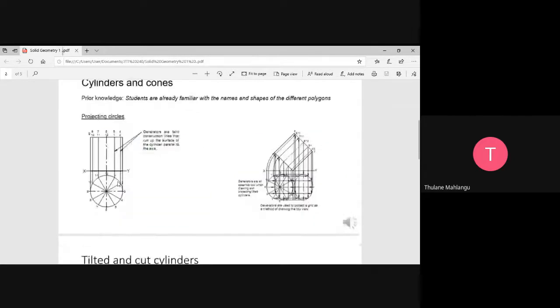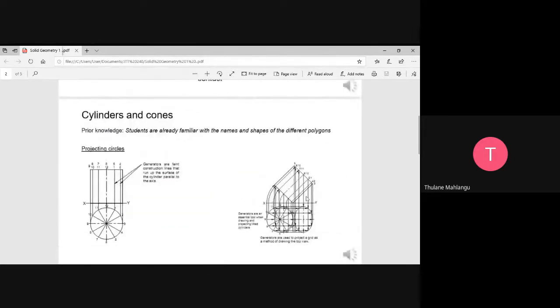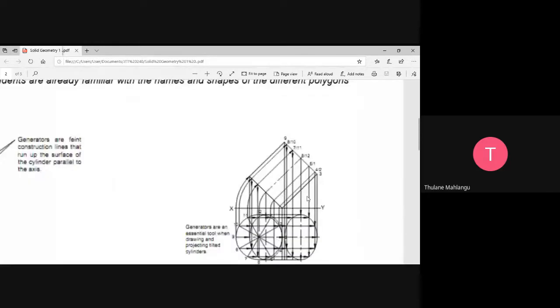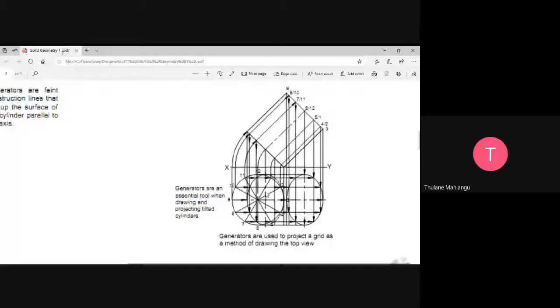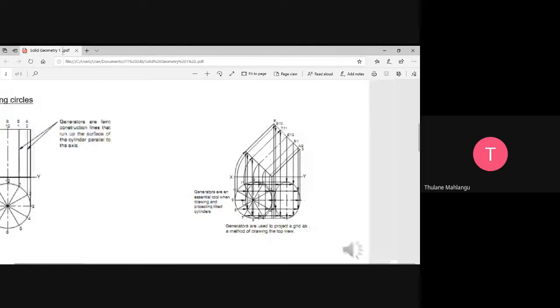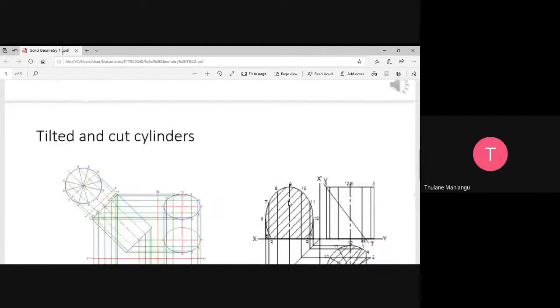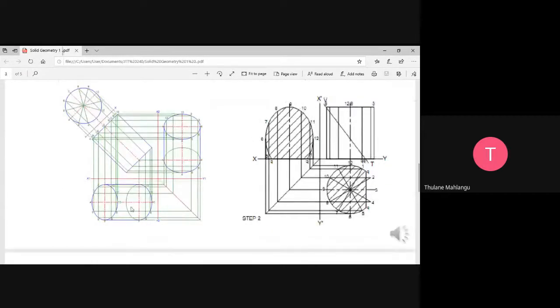Like in the previous one, you see here there is a help view that is numbered. When they say you have a cylinder with a diameter of 30 millimeter, you have that circle there, which is your help specific drawing.